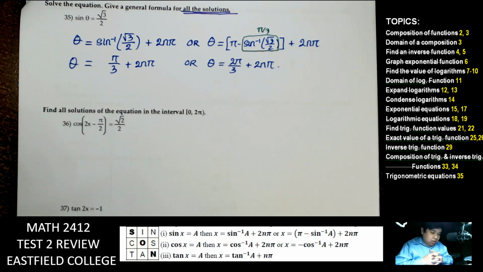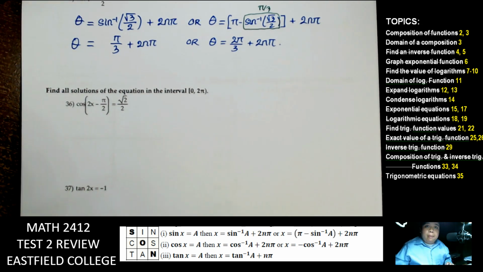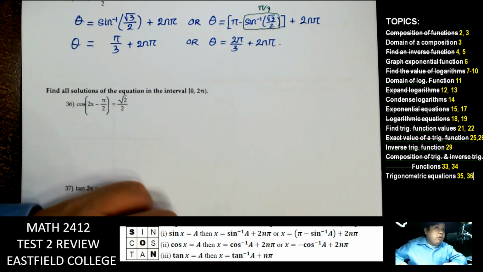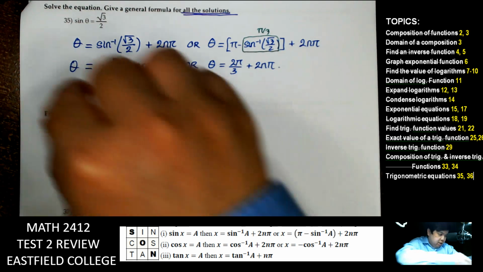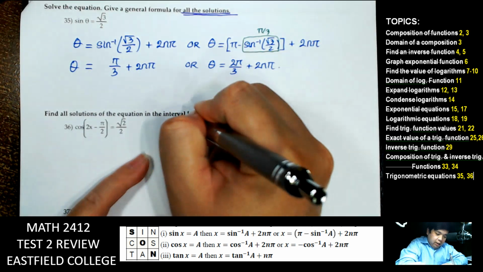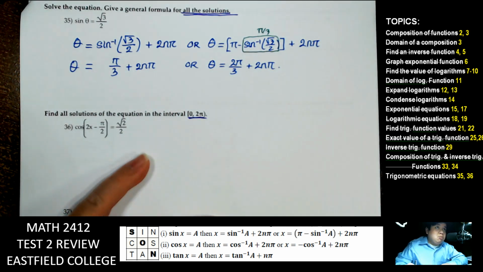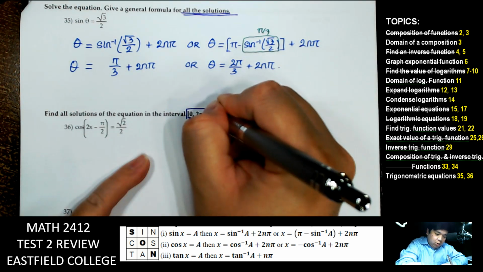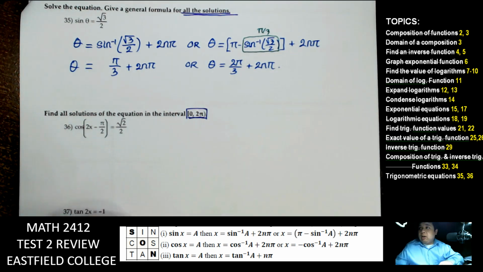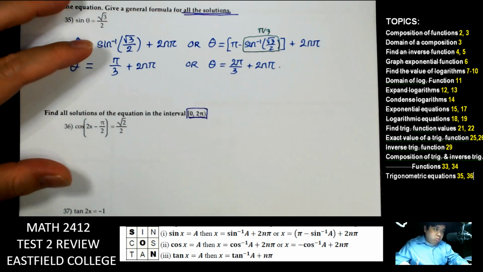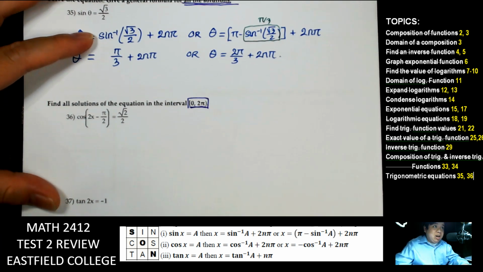Right. We're going to go to 36. The difference between 35 and 36 is that the solution for 36 must be within 0 and 2 pi. That is important. This might take a lot of space, so I try to write very small.